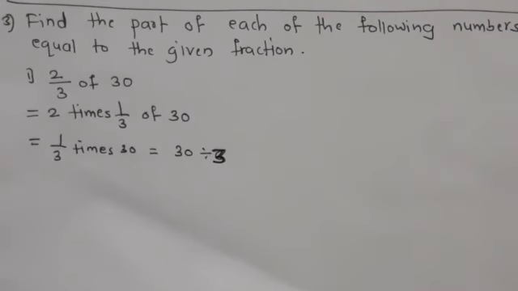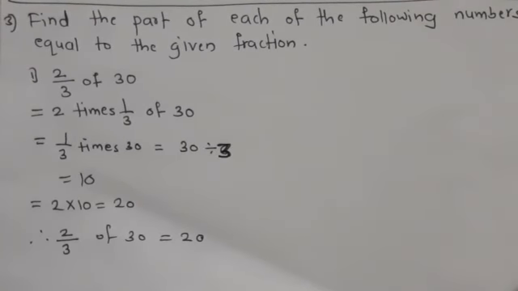Let us find 1 upon 3 of 30, which is equal to 30 divided by 3. 30 divided by 3 is equal to 10. And the next step is to multiply the quotient by the numerator. Here the numerator is 2.